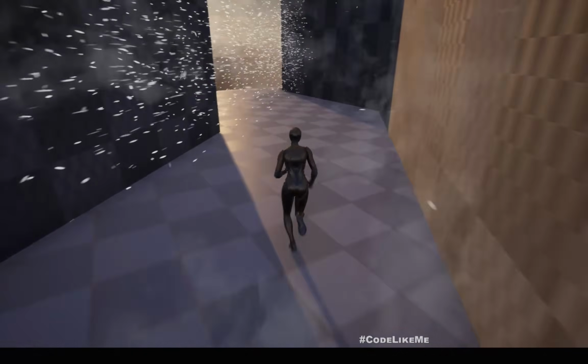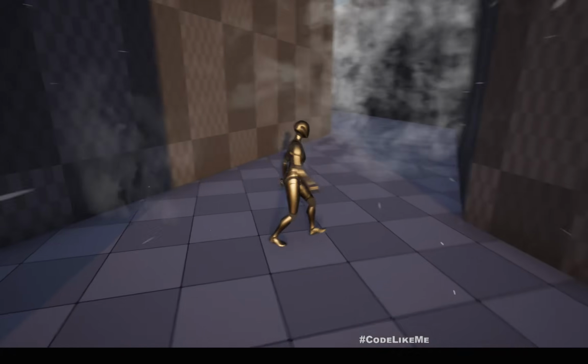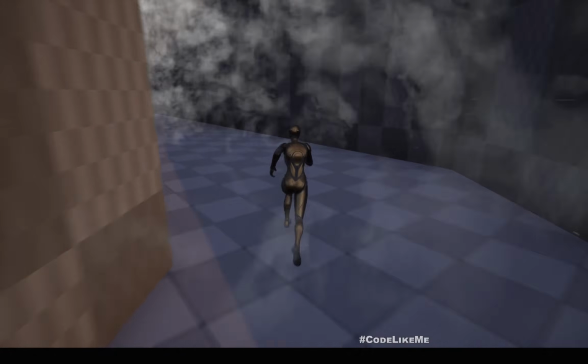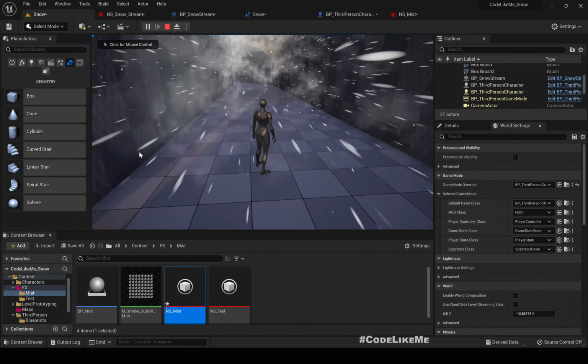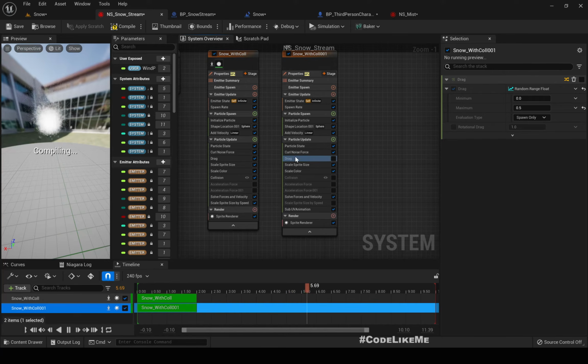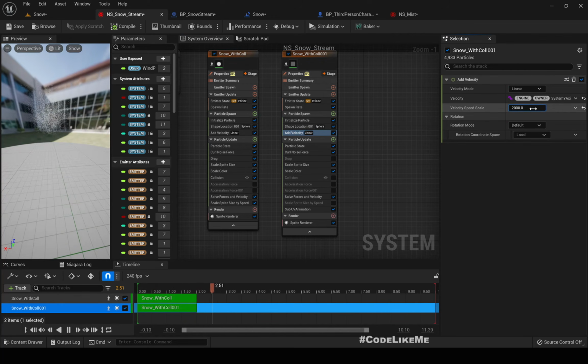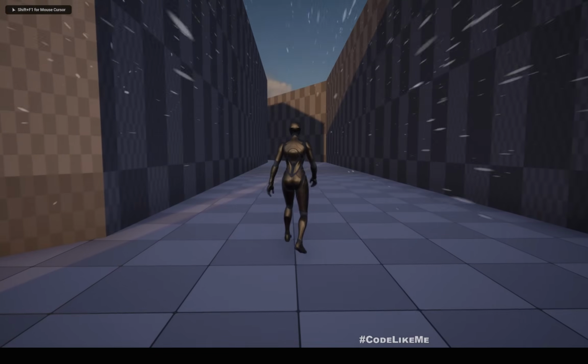Okay. Are they still colliding? No, they're slowing down. Maybe they don't need drag. And maybe let's increase the speed a bit for the smoke-like effect.